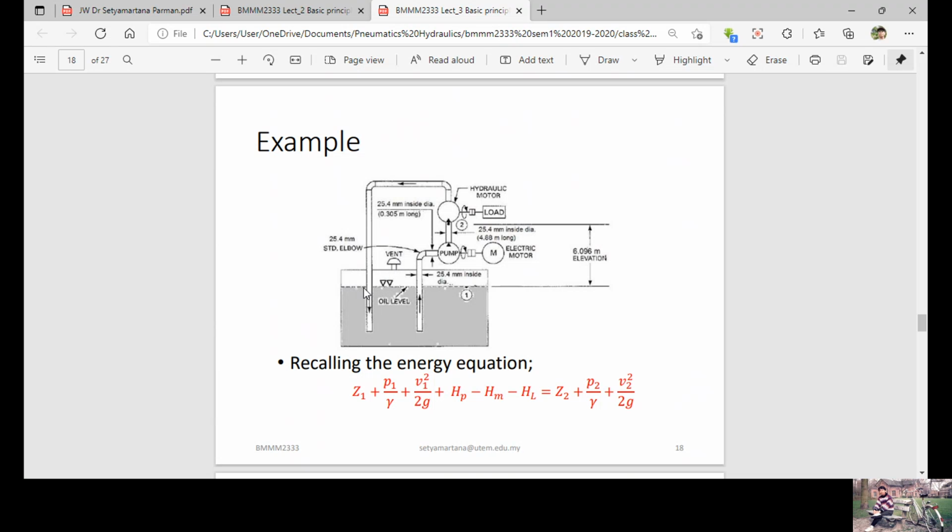So at station 1, the surface of the oil is exposed to the atmosphere using the fan here. So this is not pressurized air. It is just the atmosphere air. So it means P1 is known, 1 atmosphere.